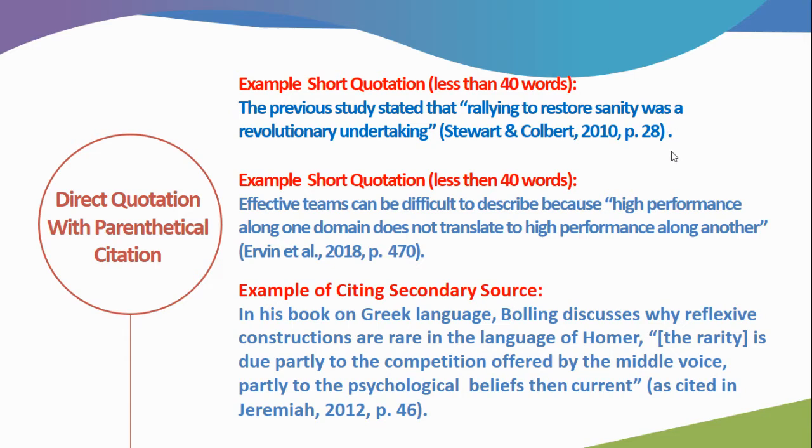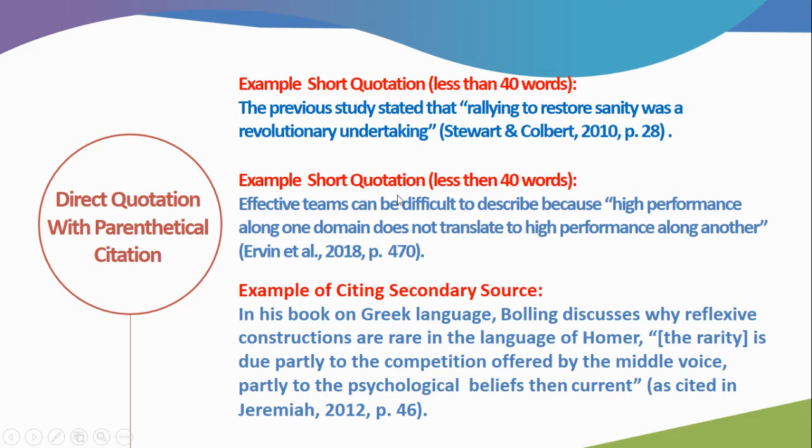This is an example of a short quotation, which is less than 40 words. For more than 40 words, there is a guideline for block quotation. That one I will explain more in part two of the video tutorial on direct quotations with parenthetical citations.